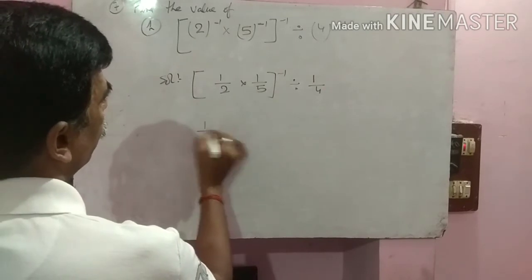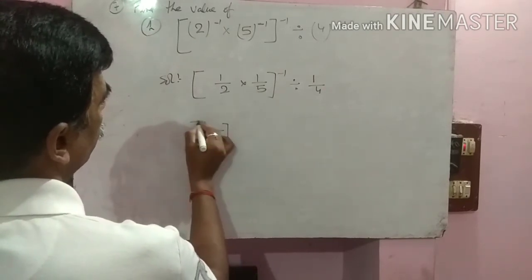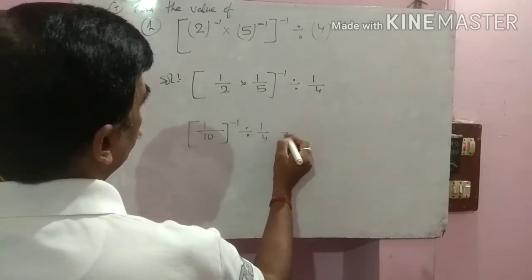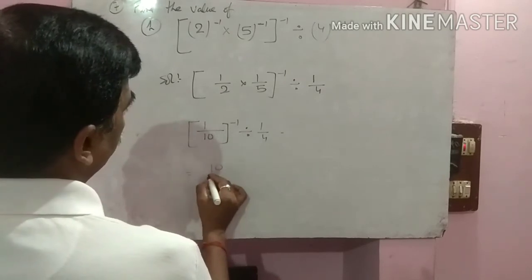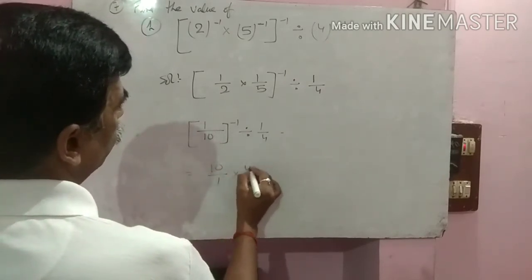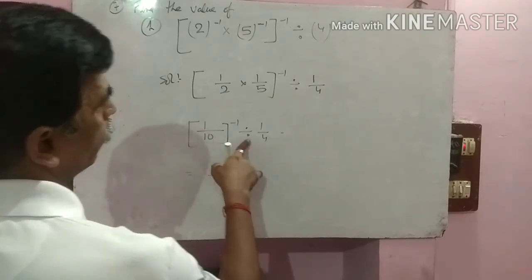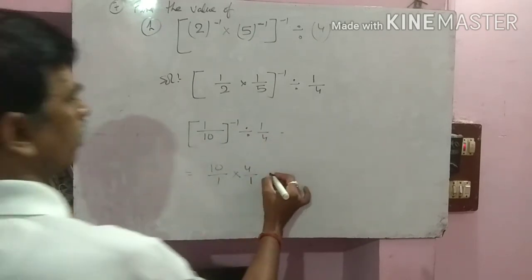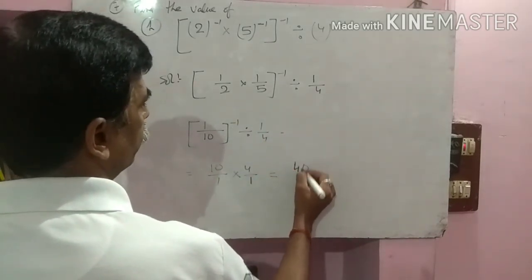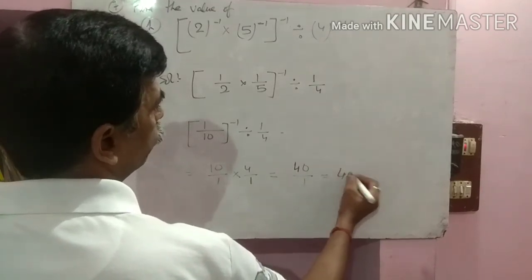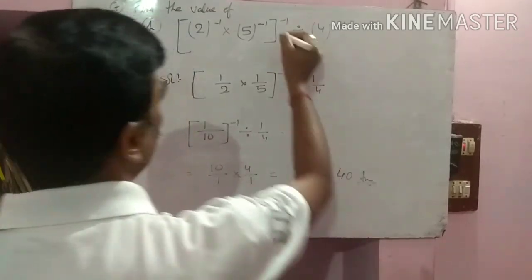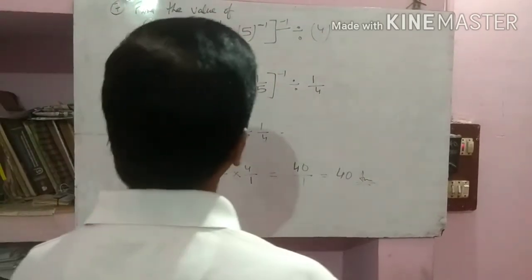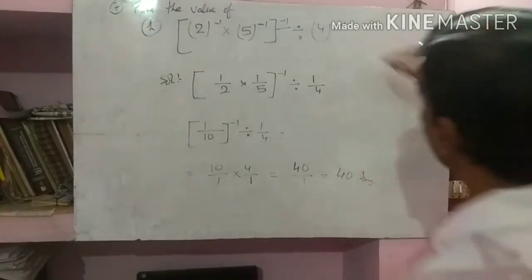So it becomes 1 by 10 to the power minus 1 divided by 1 by 4. So it becomes 10 by 1 into 4 by 1. If you convert the sign of division into multiplication, this value becomes its reciprocal. So it becomes multiplication. So this is 40 by 1, which is equal to 40. So this is the correct answer, because I had missed the power of minus 1. That's why I got the other answer. Okay. This one is the correct one.